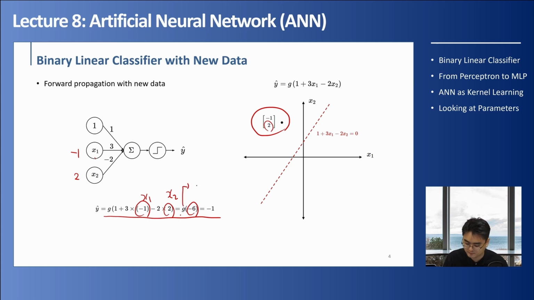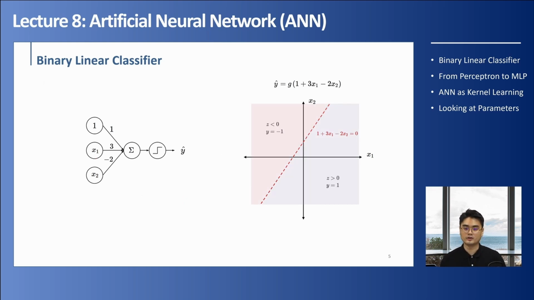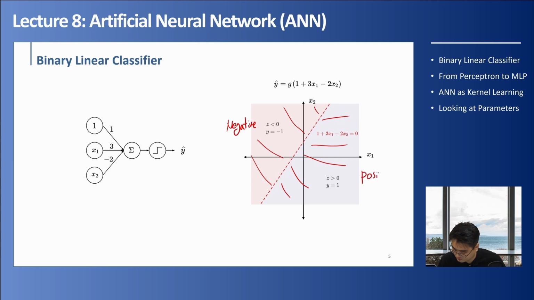And if we're using our step function, if it's negative, it's minus 1, and if it's positive, it's 1, then we're going to get minus 1. So this part will be the negative part. Therefore, this part is for the negative class, and this part is for the positive class.